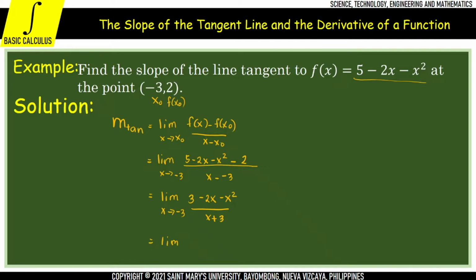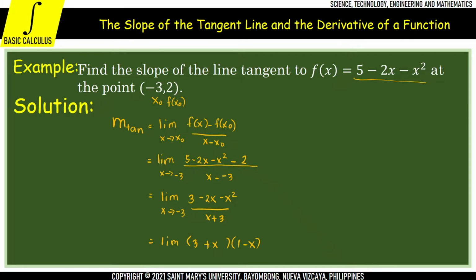Next, we can proceed to factoring the numerator, such as what are the possible factors of positive 3? So, pwedeng 3 and of course we have 1. Next, what are the possible factors of negative x squared? So, pwedeng plus x and then minus x. Ito, tinatry lang natin. So, for example, we try to verify kung ito talaga yung factor ng numerator. So, for example, i-multiply lang natin yung first term with the last term and middle term.